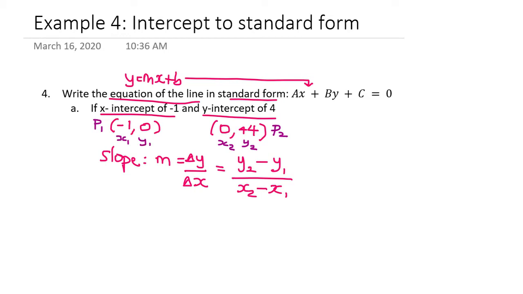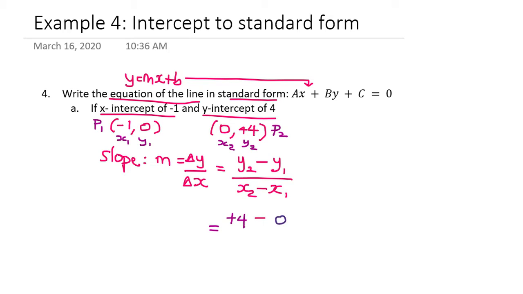If we put those values into the slope equation, we have y2 equal to +4, minus our y1, which is 0.